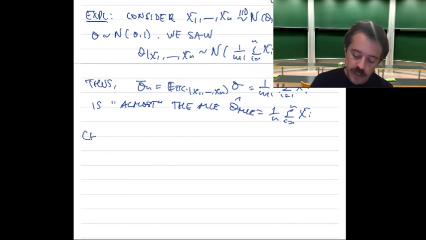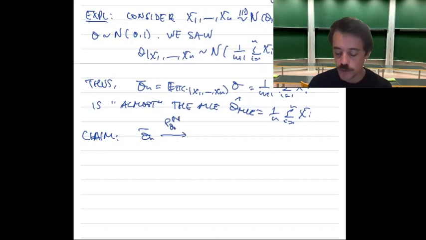And so let me make a claim that I will show in a second. So claim: this guy minus this guy will converge, under the infinite product probability measure P theta naught, to this theta naught.